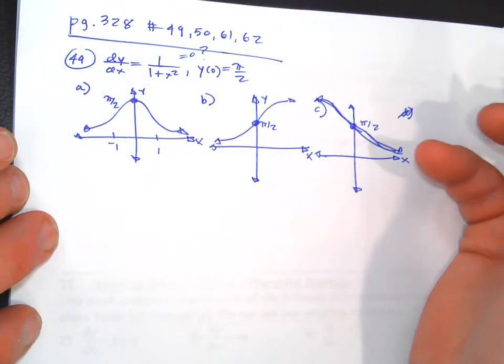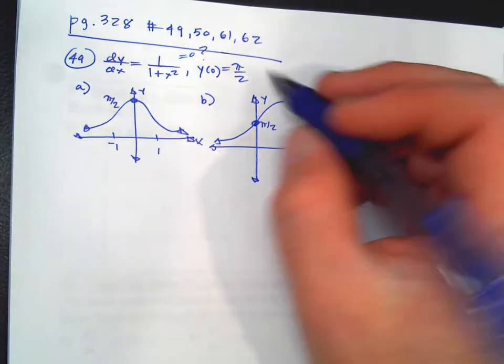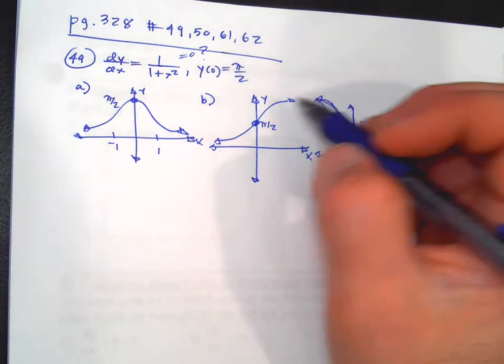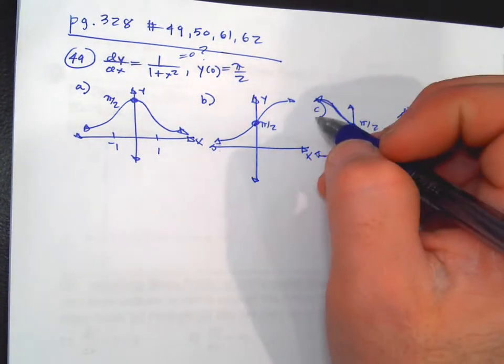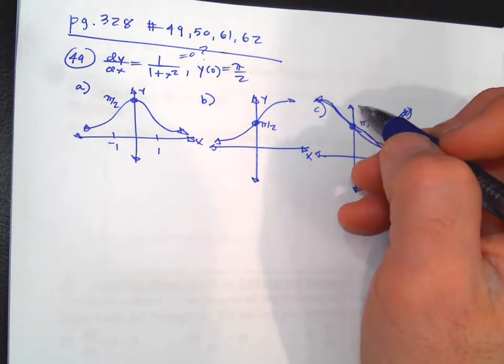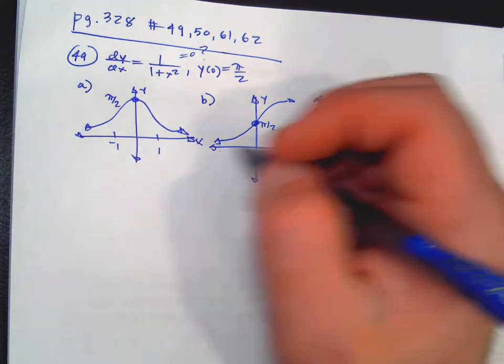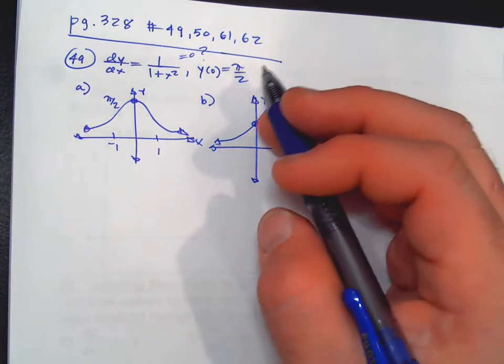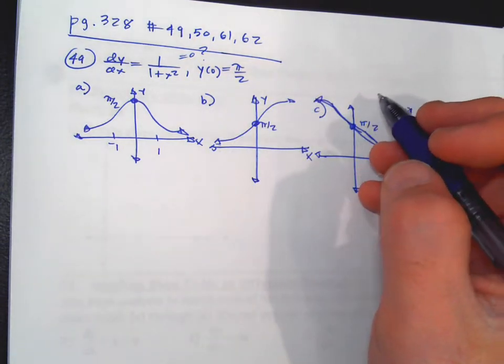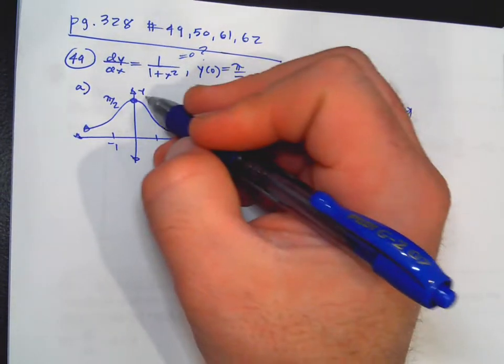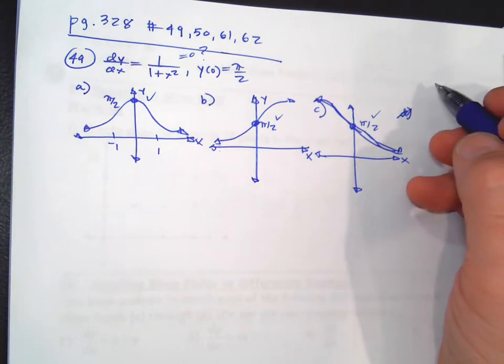I mean, that's something I would do. This initial condition pi over 2, that doesn't really make sense on any of these, really. That's not something that needs to be true because that's on the original graph. These are graphs. Okay, no, these are graphs of the solution. So that should be true on all of these, which it is. So that doesn't help us.